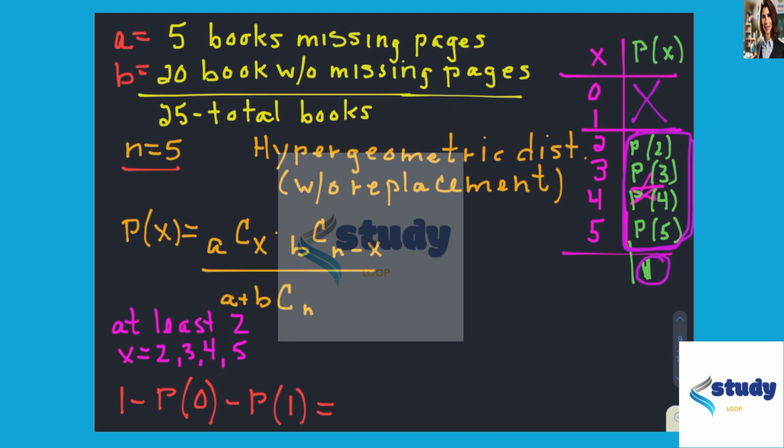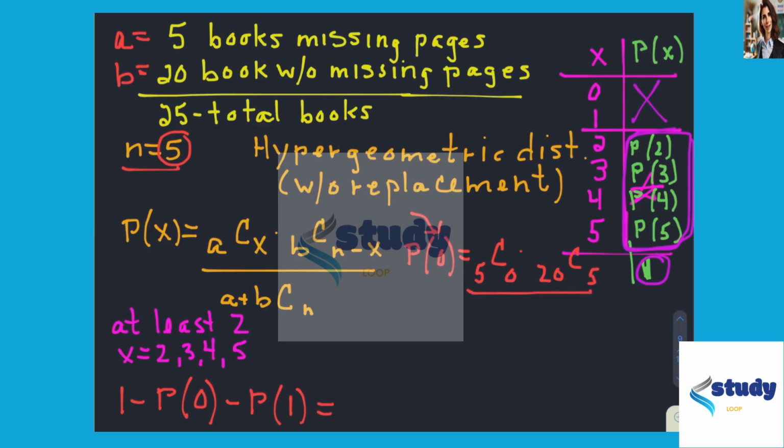So let's calculate the P of 0. Our A value was 5. The X value, in this case, is 0. We're going to multiply that by the B value, which is 20. N minus X would be 5 minus 0, or 5.